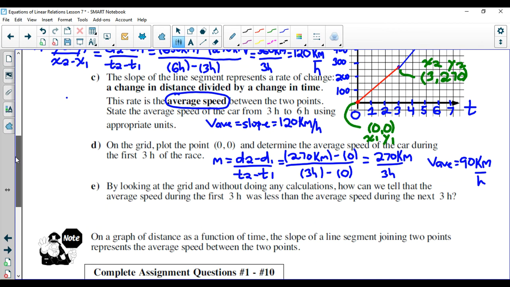Okay, E says, by looking at the grid and without doing any calculations, how can we tell that the average speed during the first 3 hours was less than the average speed during the last ones? Well, I just mentioned that. It's about the slope.